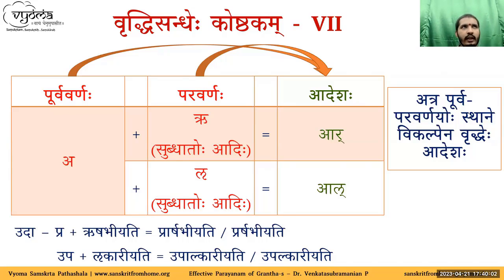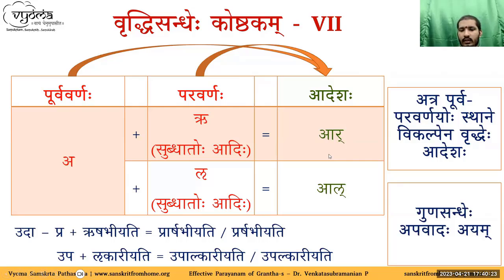So in the Purvarna we have akara, Paravarna we have likara, so we get adesha āl, upālkariyati. If we don't want to do the Vriddhisandhi, we'll get upalkariyati, which is the case when gunasandhi occurs. So this is the seventh sandhi, gunasandheh apavadah ayam. If we do Vriddhisandhi, then it is an exception for gunasandhi.